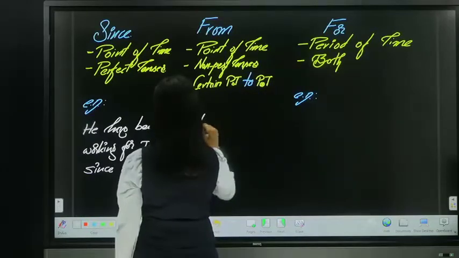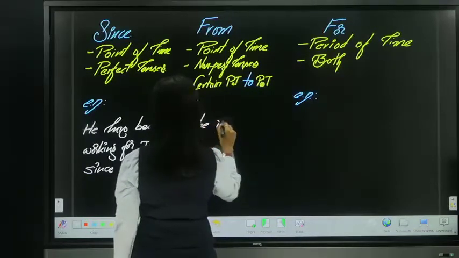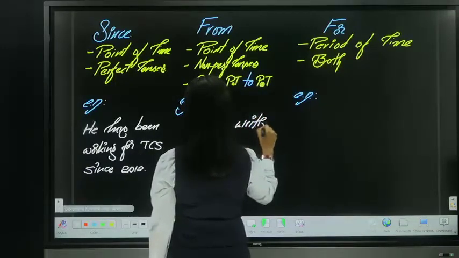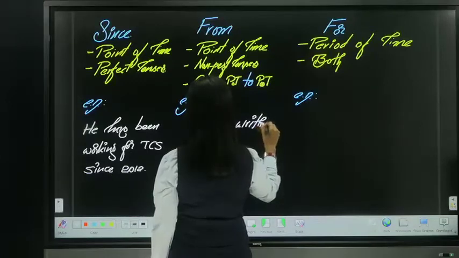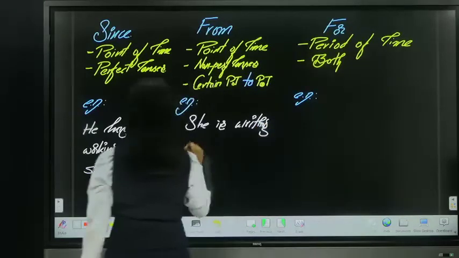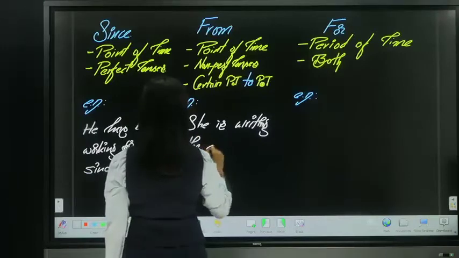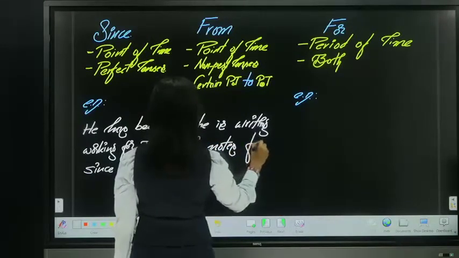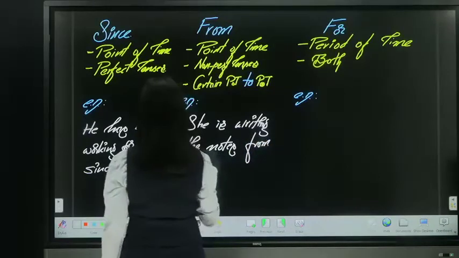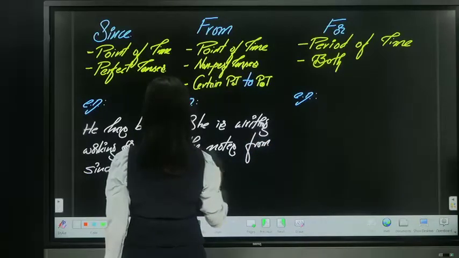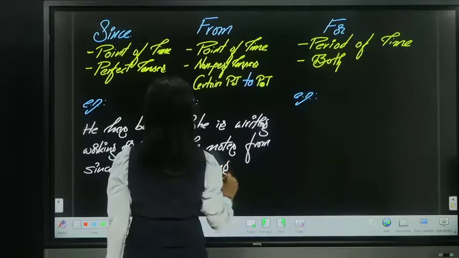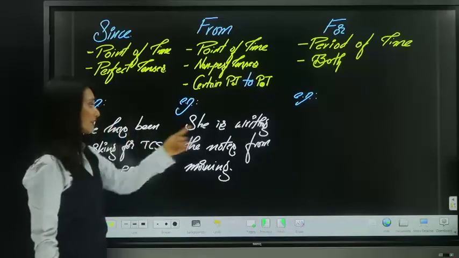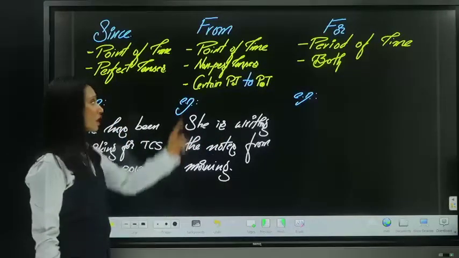Now let me give an example for this. She is writing the notes from morning. So here if you look at this sentence, is writing is continuous, non-perfect tense.